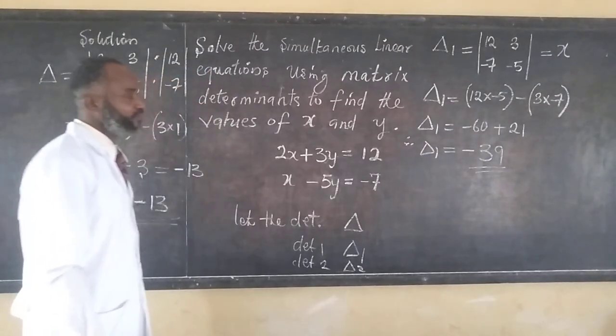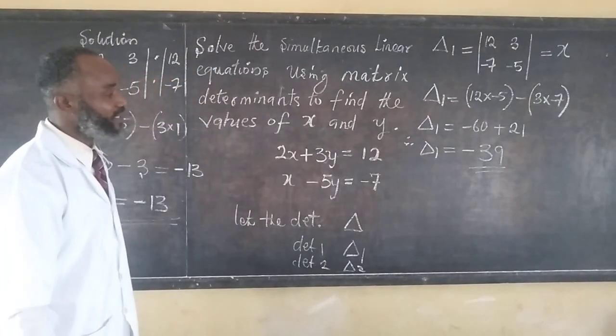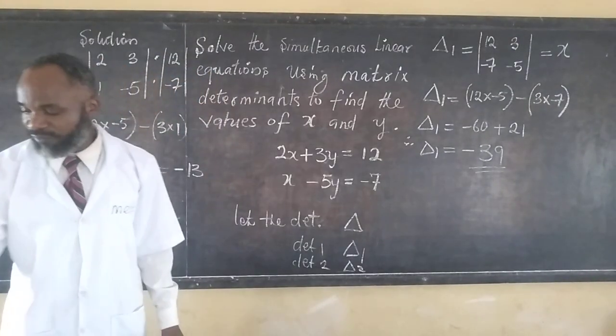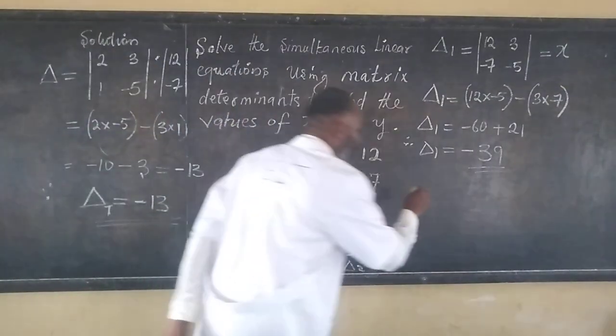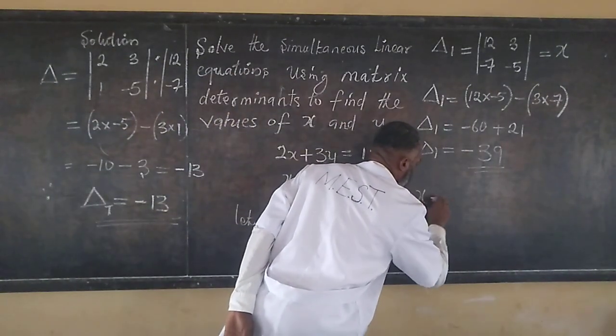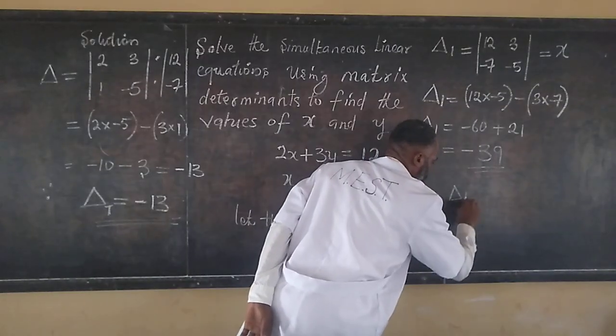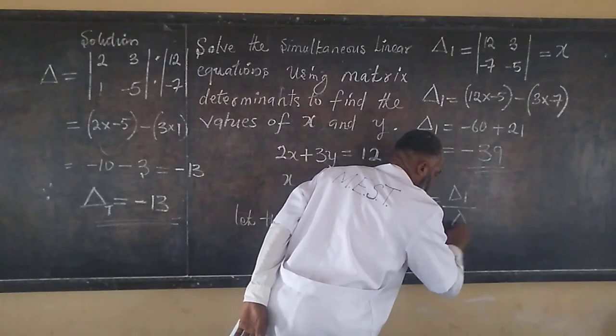Very good. Quite interesting. At least we can now find the value of x. How do we find the value of x? The value of x now becomes x is equal to determinant 1 all over the total determinant.